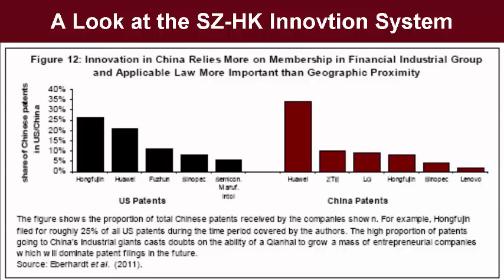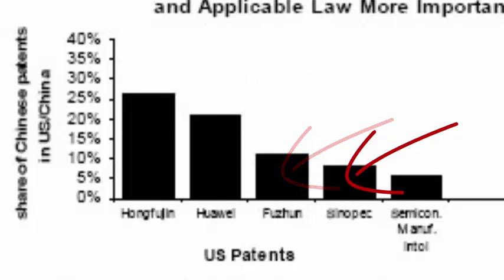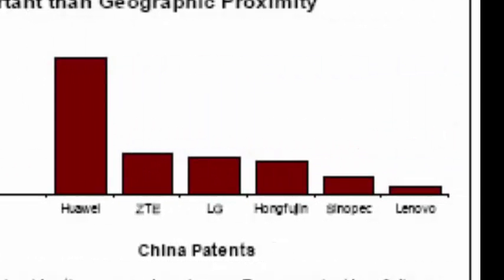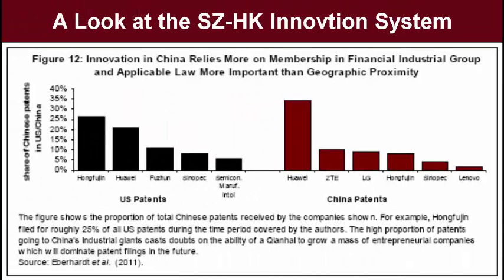On the US patent side, we see companies like Huawei and Fujian Sinopec, whereas on the China patent side, again we see Huawei, ZTE, and again Sinopec, suggesting that it's the same large industrial groups that are filing for patents in these various jurisdictions. Thus, despite all the media attention on Shenzhen as a center for entrepreneurship, these data suggest that much of the innovation in the region remains centered on large industrial groups.